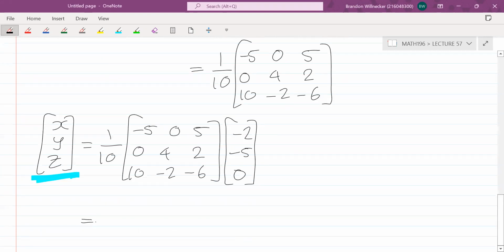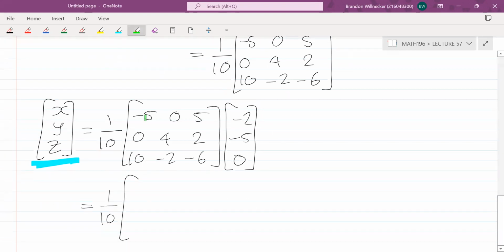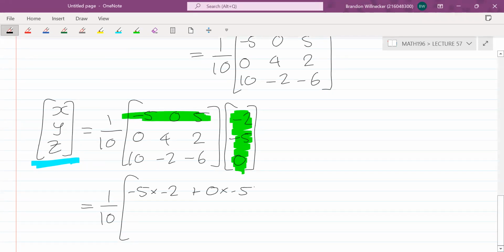Okay, let's go and do those dot products now. So we have 1 over 10. We need to take this row from A and multiply it by the column of C. So we're going to get -5 times -2 plus 0 times -5 plus 5 times 0. Okay, so that's the dot product of the first row with the first column there. Now we need to do exactly the same thing for the other rows.